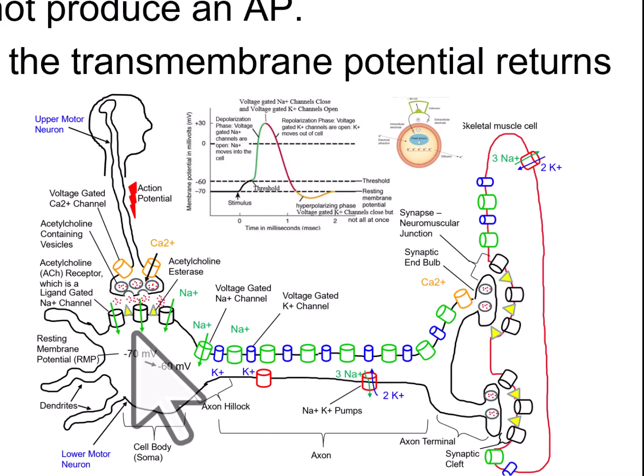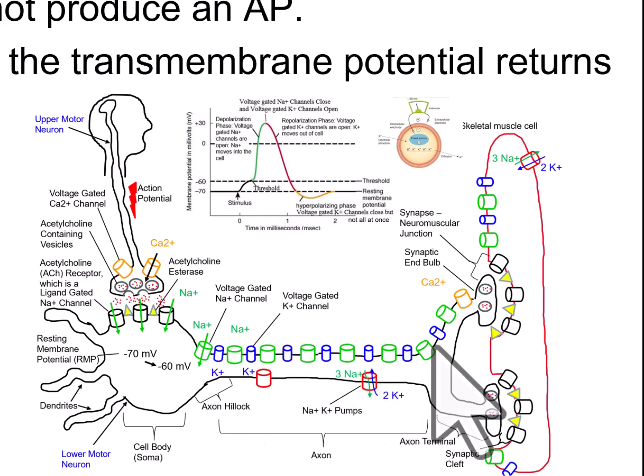As this sodium comes in, it creates what we call a graded depolarization. The positive charges of sodium come in and cause this minus 70 millivolts, which is a resting membrane potential, to become less negative. If it reaches minus 60 millivolts, that's what we call threshold. And that is the voltage that opens up voltage-gated sodium channels, which are found right here at the axon hillock.